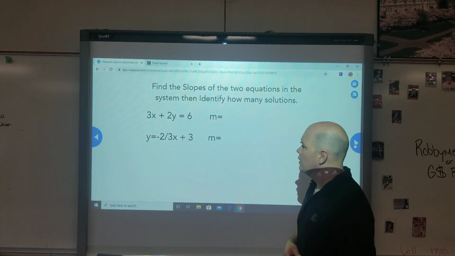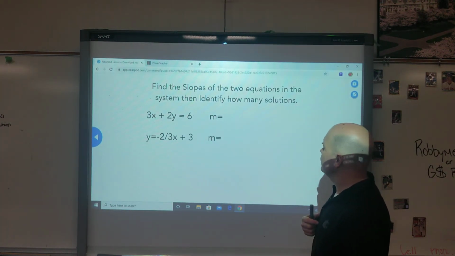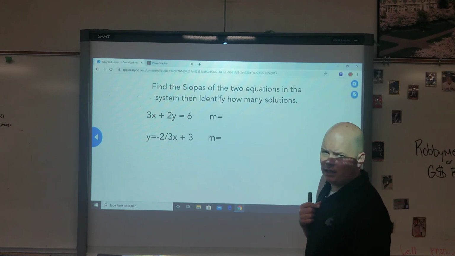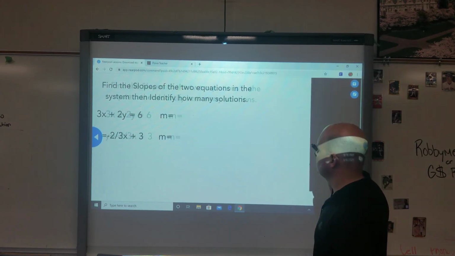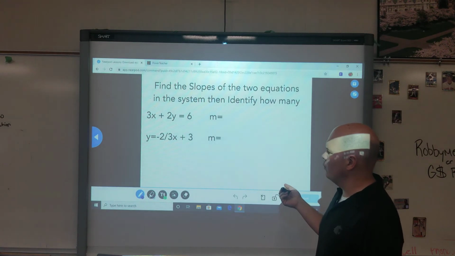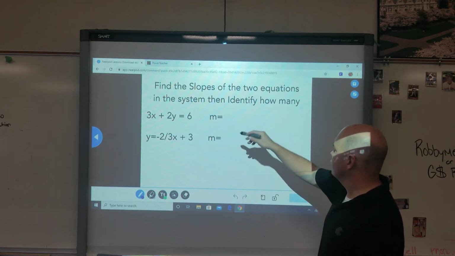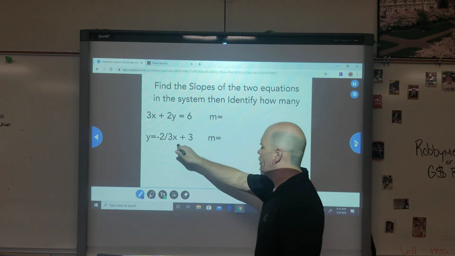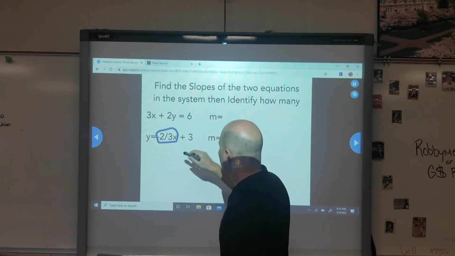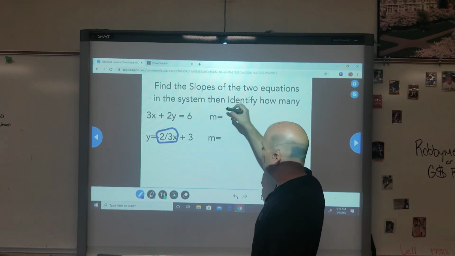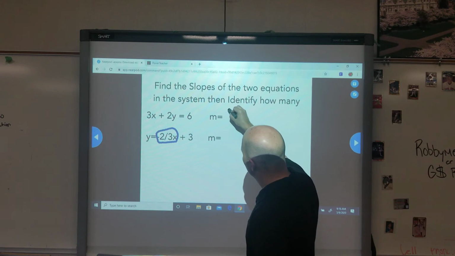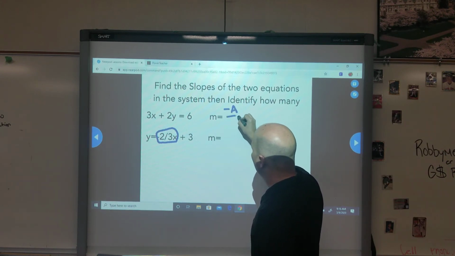Okay? Now, we're gonna do the exact same thing we just did, except we're practicing a little more. So on yours, you're just identifying what it would look like. To find the slopes of these two equations, well, I know that's my slope here, and my slope here, because that's in standard form, is always equal to negative a over b.